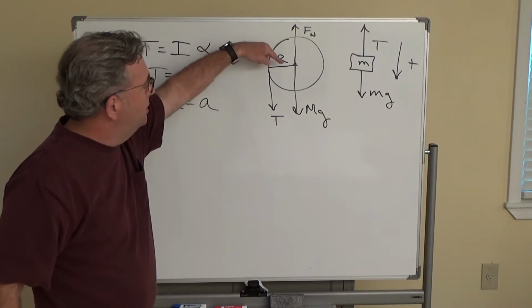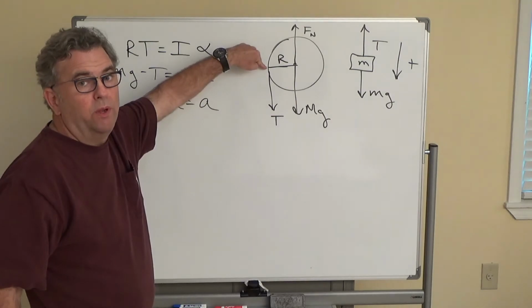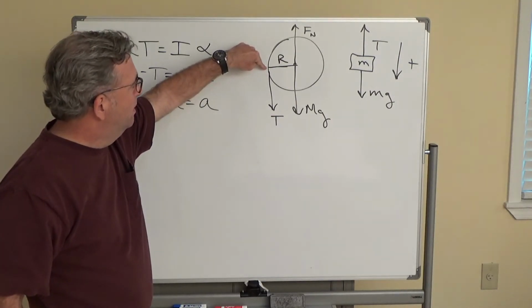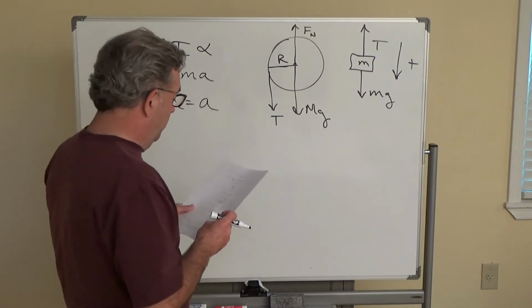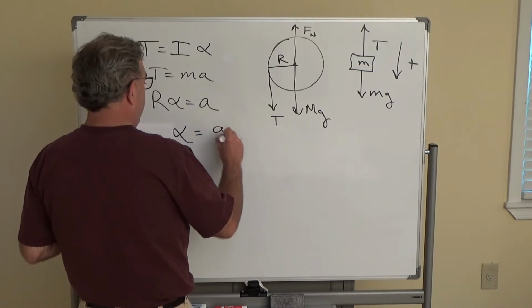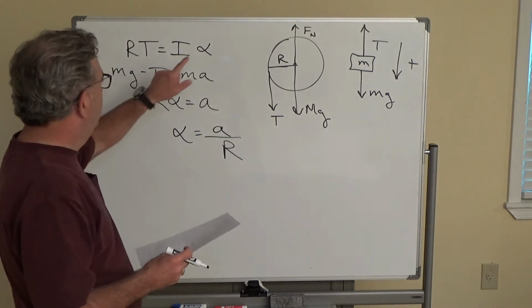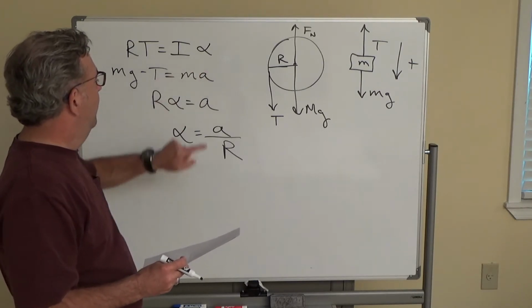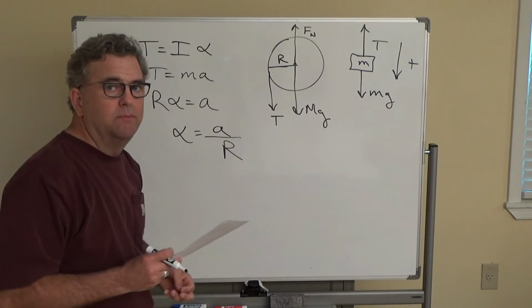The linear acceleration of a point at this point is R alpha. So alpha is equal to a over R. I'm going to use that here, and I'm going to combine these two equations and solve for T.